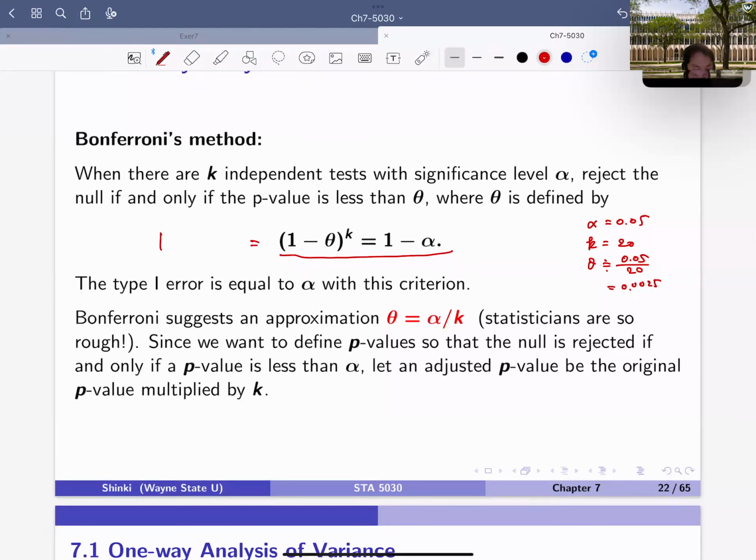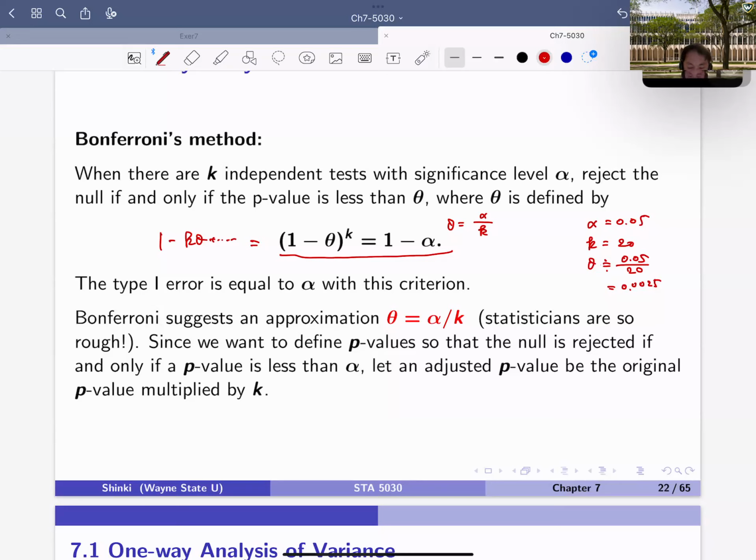It is equal to 1 minus k theta plus higher order terms, so approximately theta is equal to alpha over k. And in this case, basically the null hypothesis is rejected with probability alpha.